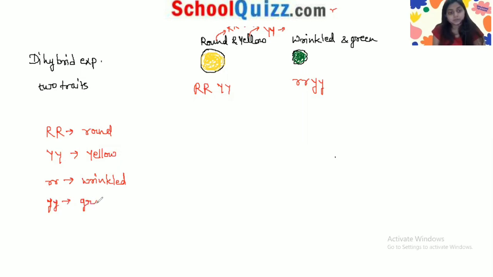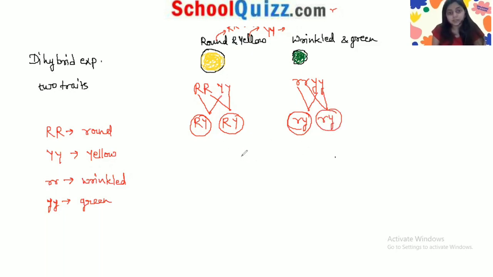So capital R and capital Y for round and yellow, and small r and small y for wrinkled and green.